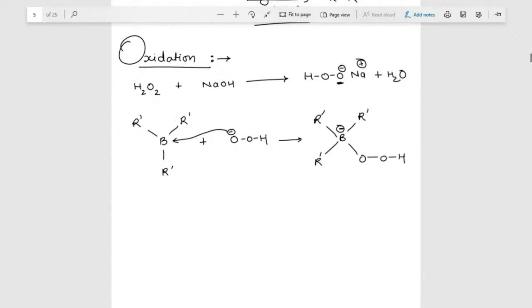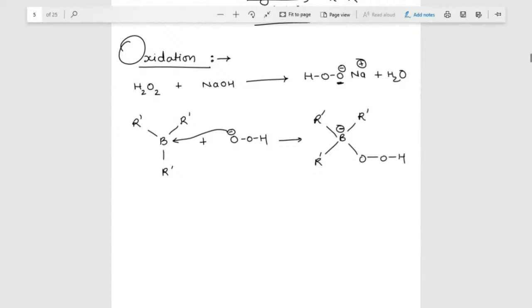Now this B minus carries a formal charge minus. There is no extra pair of electrons on this boron. Be very clear, it is a coordinate negative, formal charge negative. It is not a presence of extra electrons.